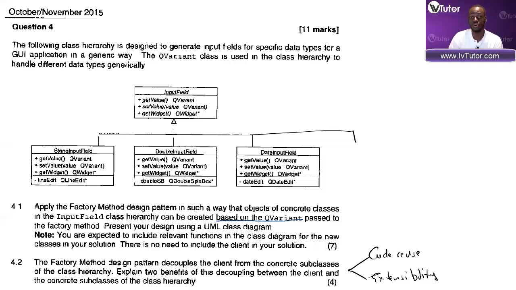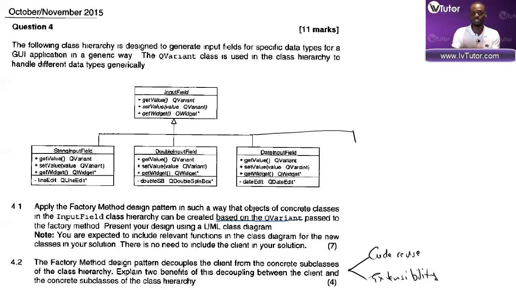They just wanted you to know that it's based on the Q variant. A Q variant has a function to determine if that Q variant is a string, a double, or a date. So in the implementation, that is what you then use. And in most cases, if it gets to that level, they give you the function in the exam so that you can use it, right?